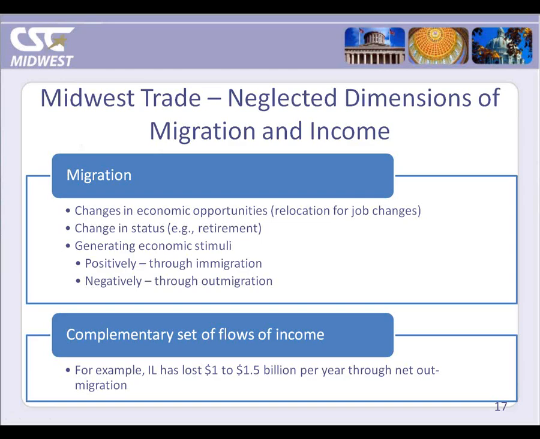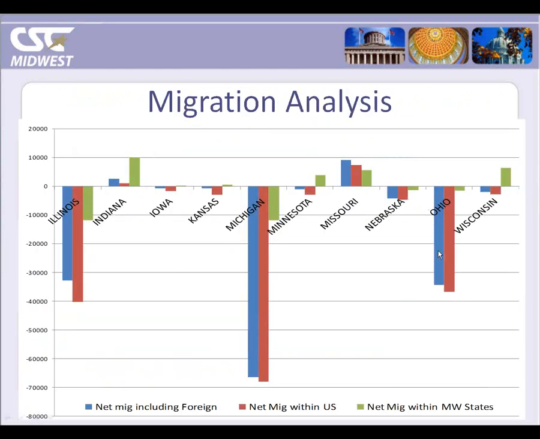And I put here at the bottom, Illinois loses between $1 and $1.5 billion per year through net out migration. To put this in perspective, if that money had been spent in Illinois, it would have generated somewhere between 20 and 25,000 jobs. In a good year, Illinois adds somewhere between 50 and 55,000 jobs. So essentially, net migration you can think of as robbing us of somewhere between 20 and 30% of an annual year's job growth.